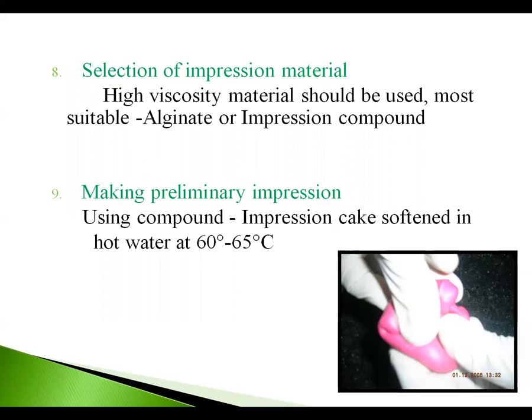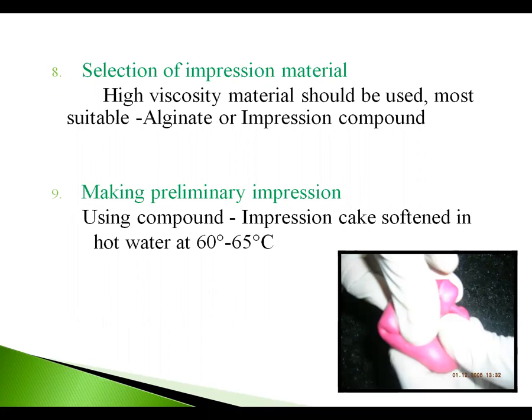Selection of impression material is mainly a different topic, which should be discussed in detail in the next lectures. But till then you should remember that high viscosity materials should be used. Most suitable materials are alginate and impression compound.